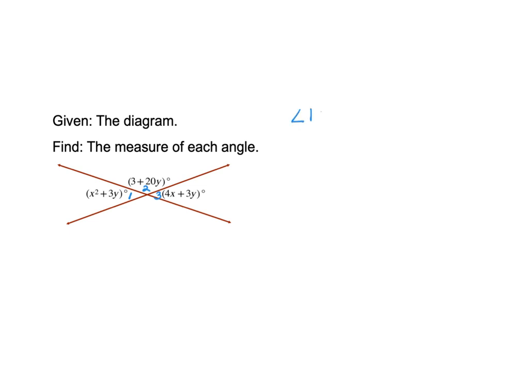So angle 1 is congruent to angle 3, which means their measures are equal. So I can use that as part of my equation. I need 2 since there are 2 unknowns. So I have x squared plus 3y is equal to 4x plus 3y.